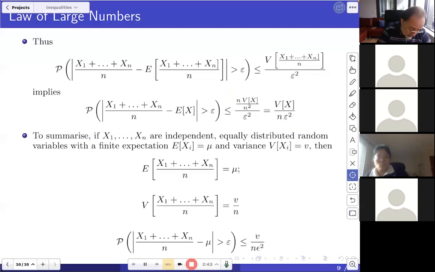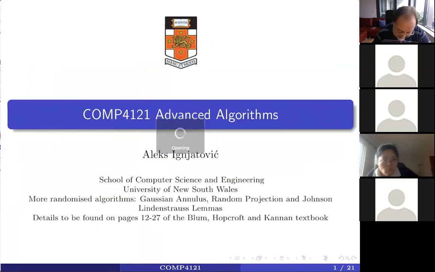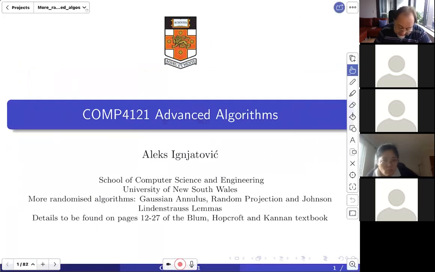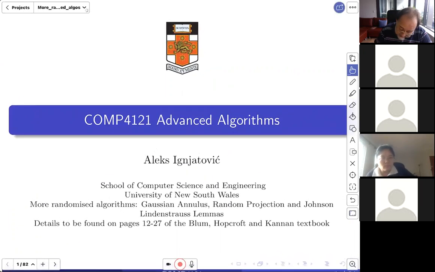So now let us move to our next topic, which is random projections and the famous Johnson-Lindenstrauss lemma, which is really, really useful for people who do databases, as we will see later.